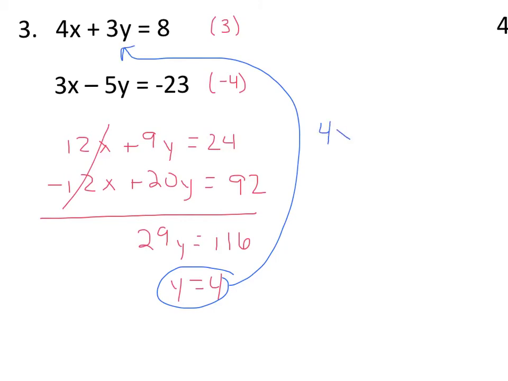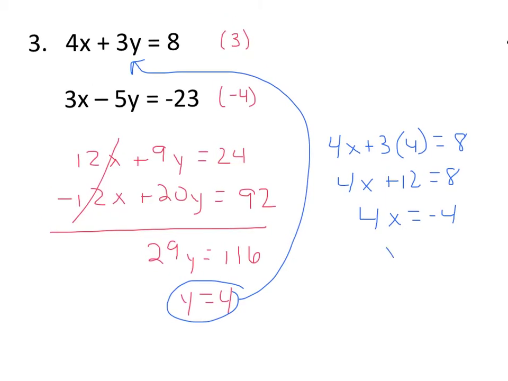So I'll have 4x plus 3 times 4 equals 8. So 4x plus 12, subtract the 12 off, and get -4. Now I'm going to divide by 4, and x will equal -1. So my final answer here again will be (-1, 4).